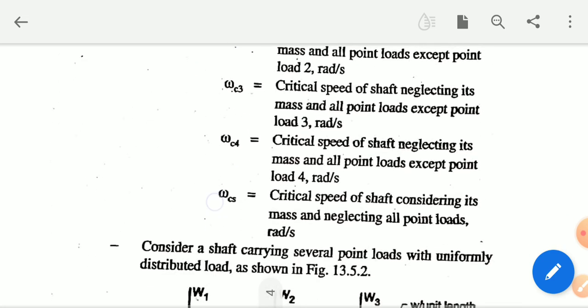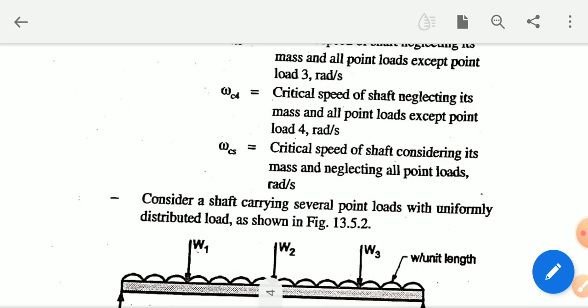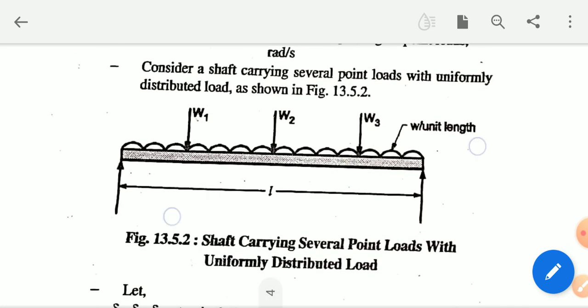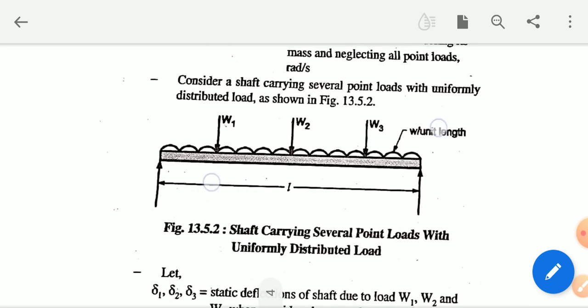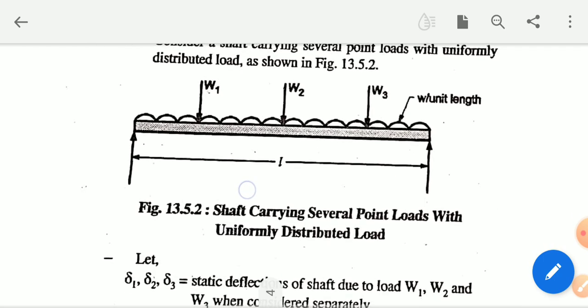In the same way, omega cs is the critical speed of the shaft considering its mass and neglecting all point loads. Now consider a shaft carrying several point loads with a uniformly distributed load as shown in the figure.